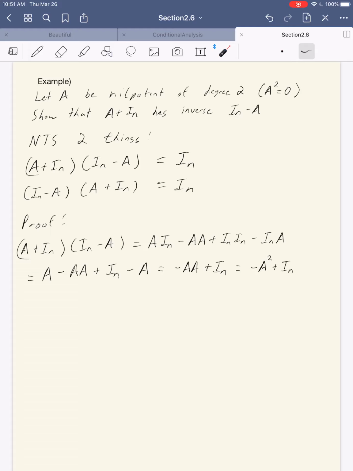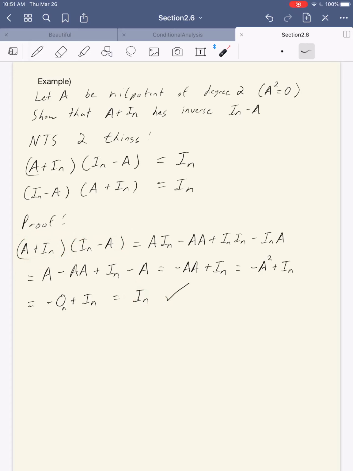Now it's probably good to use our assumption. We have this assumption that A is nilpotent of degree 2, meaning that A squared is 0. So we can say that this is minus 0 as a matrix, of course. So I guess if you want, you can call that 0n plus the identity, which of course is just the identity. And so we've shown what we wanted to show, namely that if you do A plus IN times IN minus A, then it is equal to IN.